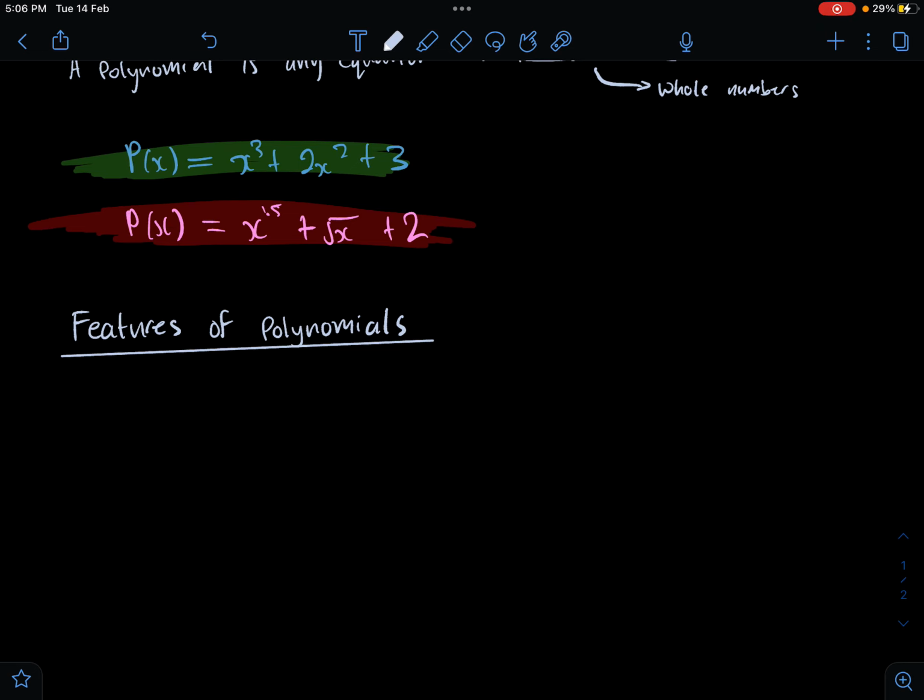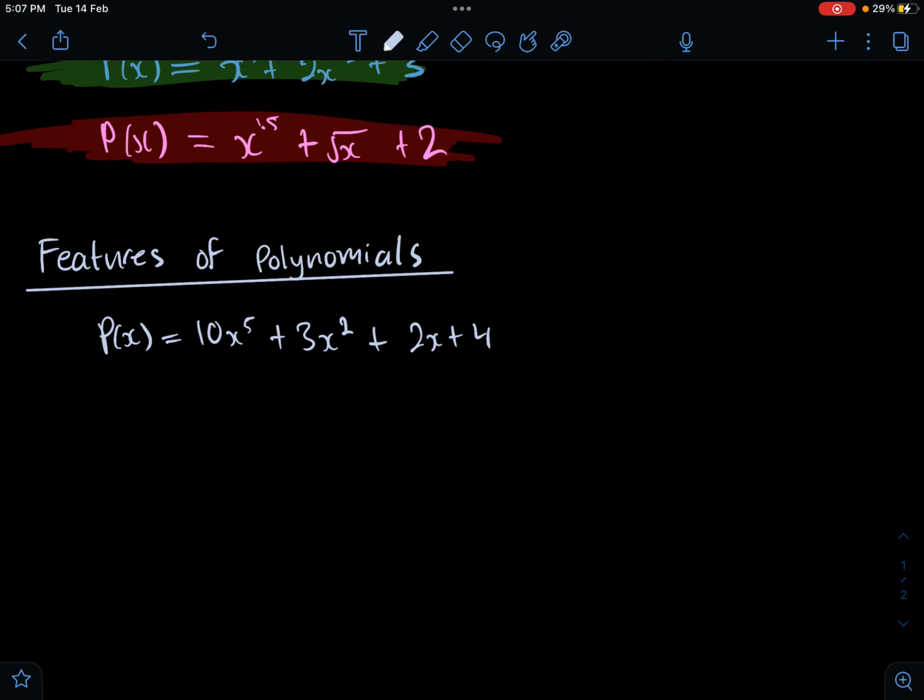I'm just going to write out an example here. So P of x equals 10x to the 5 plus 3x to the 2 plus 2x plus 4. There we go. So we've got this written out nicely.